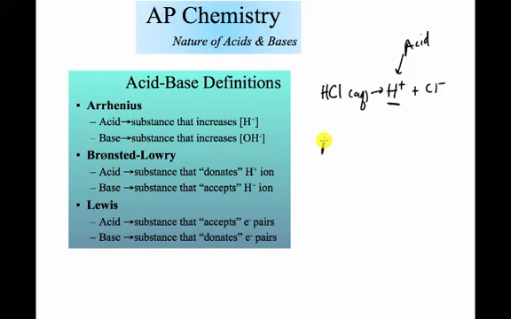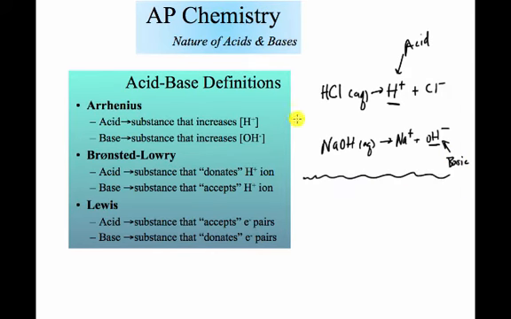He also said that the base nature was due to the hydroxide. So when we put NaOH into water, we get Na plus and OH minus, and it's the OH minus that makes our solution basic. That was the original idea. It's not a bad model, and it works very well.